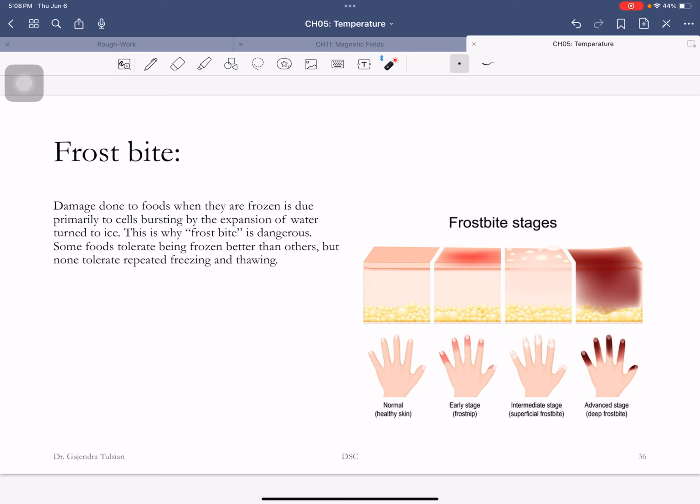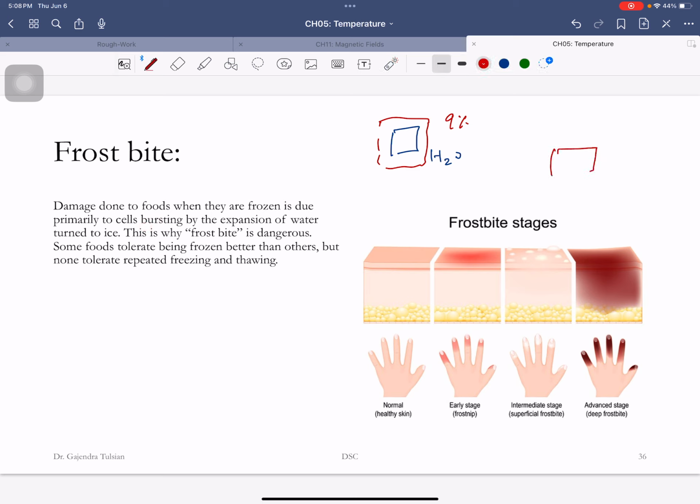Now we'll look at a couple of other things. You saw that when water freezes, it expands. That's important. When water freezes, its volume will increase by about 9%. Damage done to foods when frozen is due primarily to cells bursting by the expansion of water turned into ice.